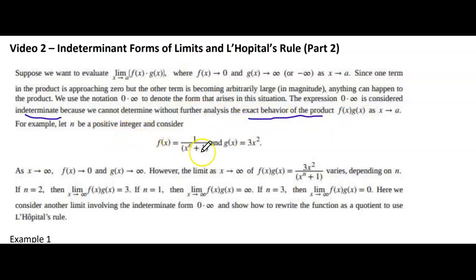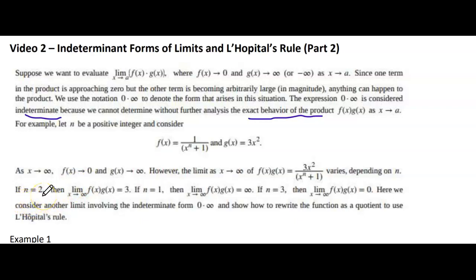So for example, if we have some polynomial and you're multiplying it by this function here, when you simplify that, you'll end up having 3x squared in the top and x to the n plus 1 in the bottom. And you can see here, there's a couple different scenarios.